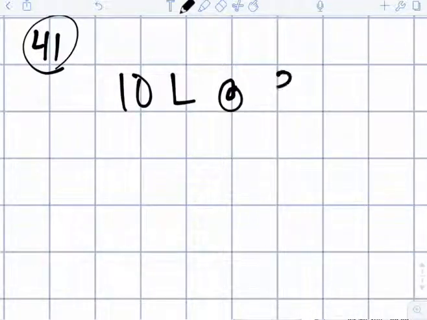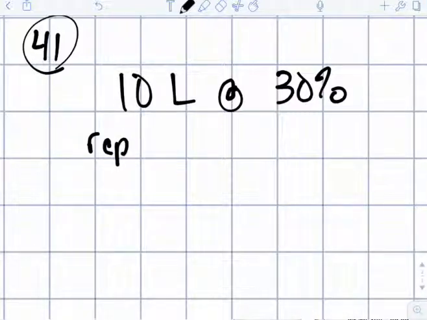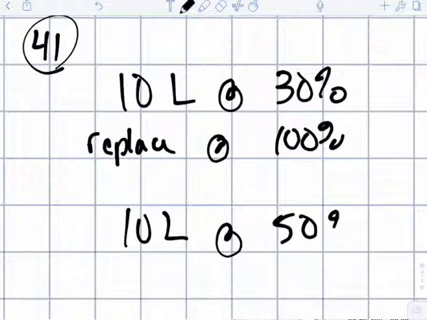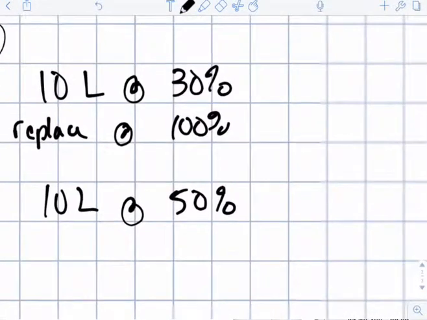We've got 10 liters at 30%. We want to replace with pure antifreeze, at 100%, to end up with 10 liters at 50%. So how do we do this? That's the question.